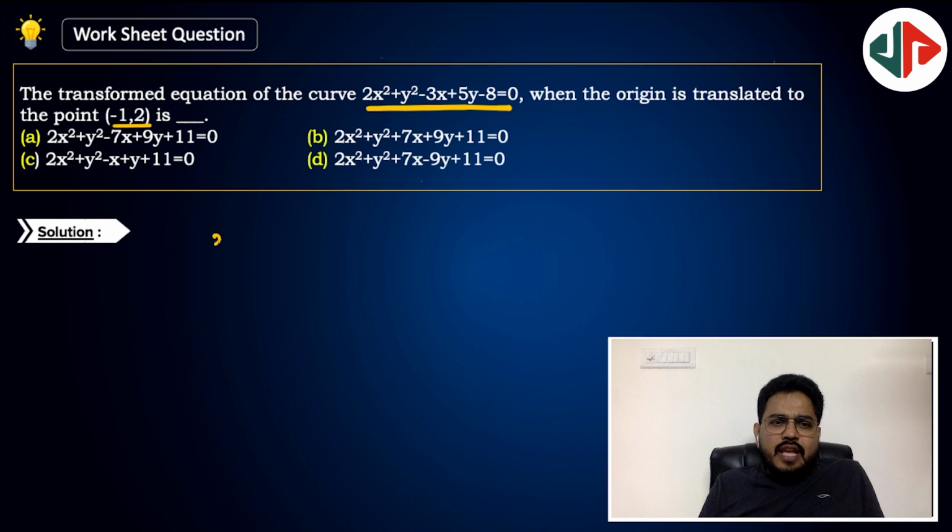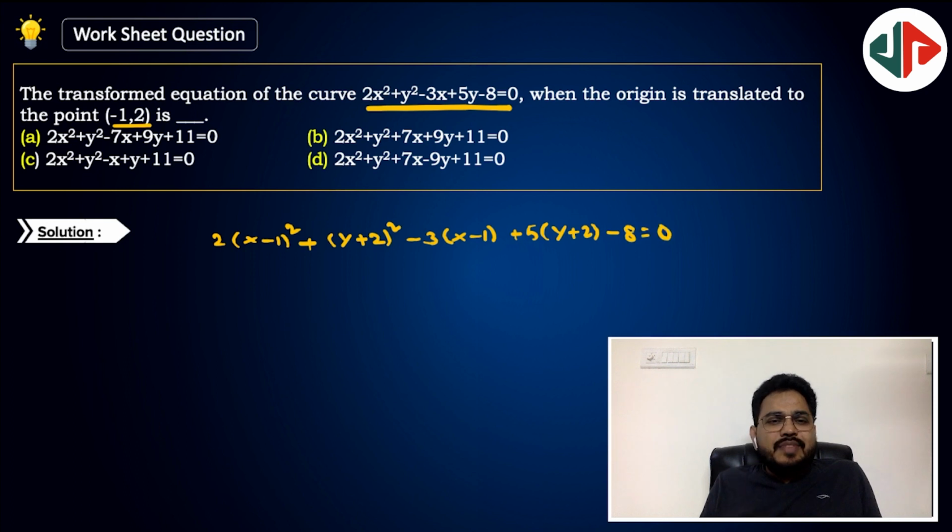So here 2 times (capital X minus 1) whole square plus (capital Y plus 2) whole square minus 3 times (capital X minus 1) plus 5 times (capital Y plus 2) minus 8 is equal to 0. When you are shifting the origin, this part will not change.